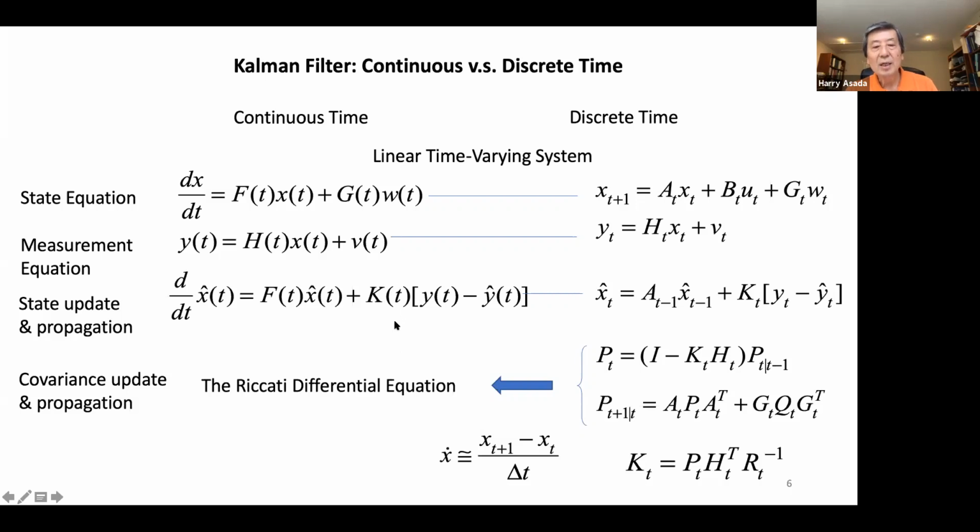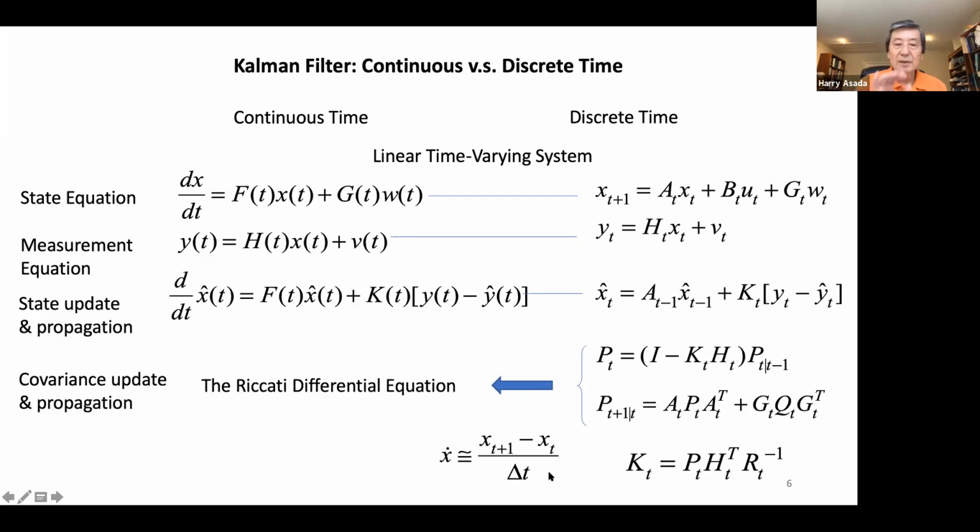But in today's lecture, we just take a little shortcut because that is not our interest. After we have the Riccati differential equation, we have more interesting things to do. So let me take a little shortcut here, and we use just a standard relationship approximating the time derivatives with this simple formula.